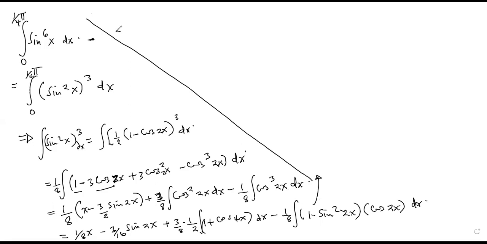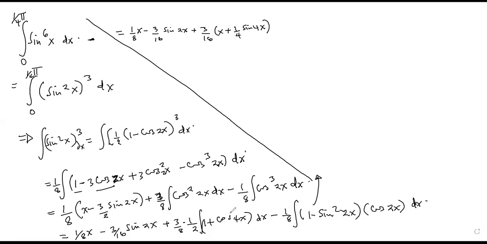And this is going to be equal to 1 over 8 x minus 3 over 16 sine 2x plus 3 over 16. I'm here. Then we integrate here, you'll have x. So it will be x plus a quarter sine 4x. Why?